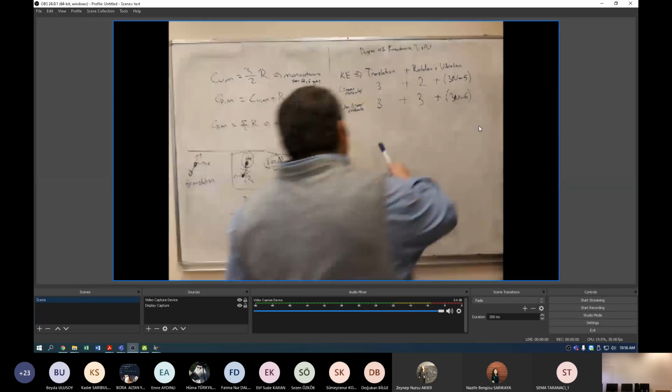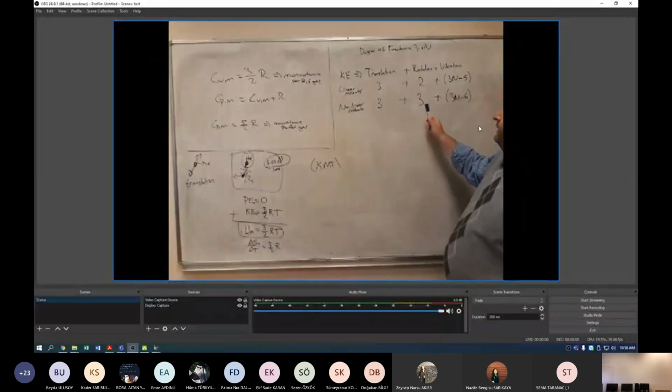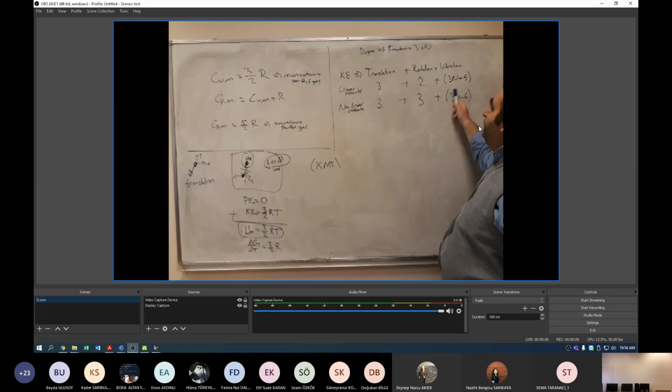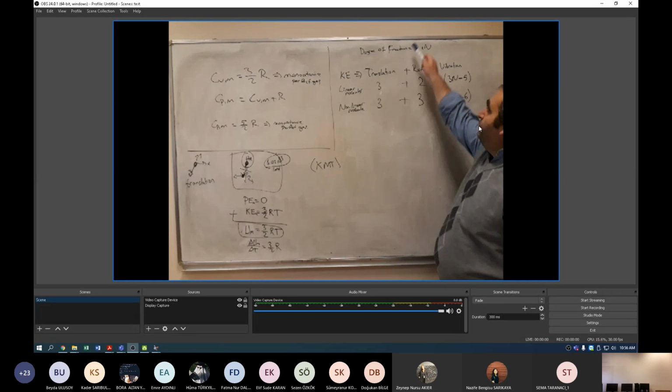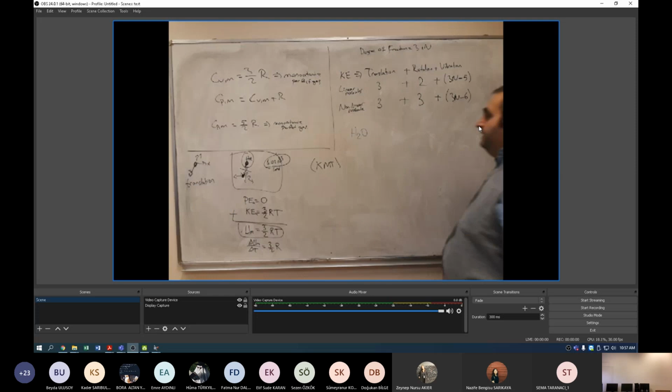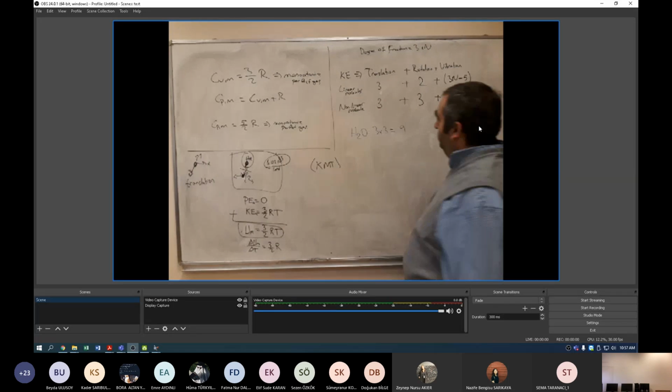For nonlinear molecules, I can have three translations, this time three rotations, and all of the leftovers from the total degrees of freedom are the vibrations. So for example, if I have a water molecule, how many is the degrees of freedom? 3 times 3, 9.